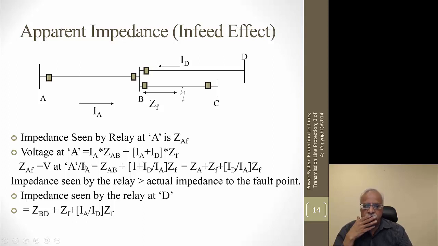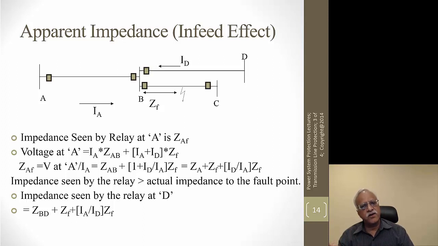Okay, so this is called the apparent impedance. Similarly, the relay at D also sees an impedance higher than the actual impedance up to the fault point, and that is given by ZBD plus ZF plus IA by ID times ZF, right? That is IA divided by ID times ZF is the additional impedance.